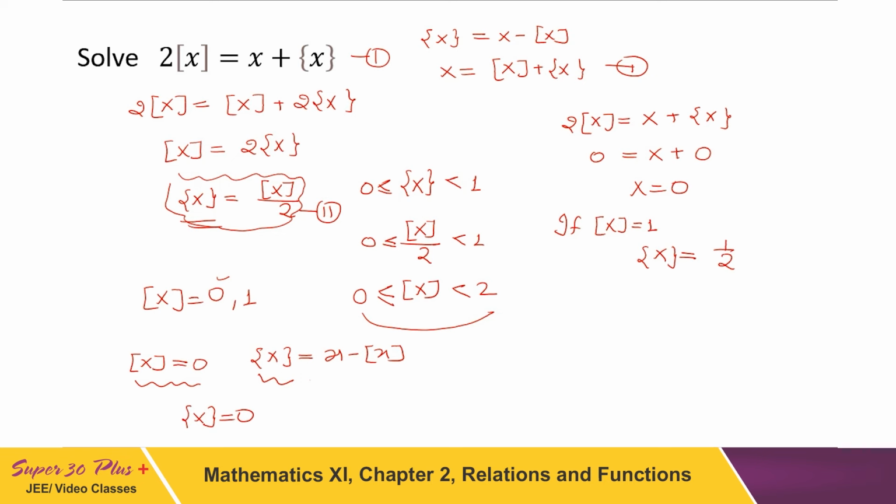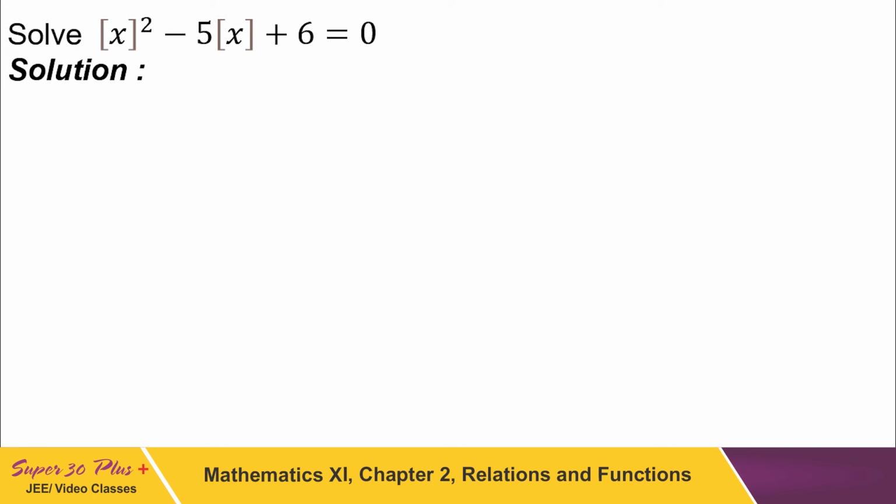We obtain 2 into 1 is equal to x plus half. x will be 2 minus half, which is 3 by 2. Now the solution of this equation is x equals 0 and x equals 3 by 2. These are the answers.